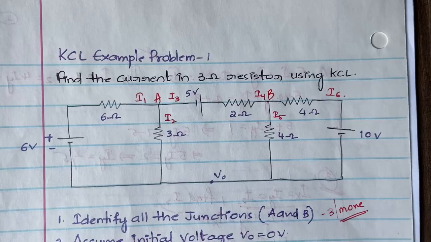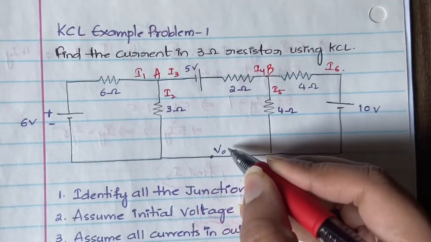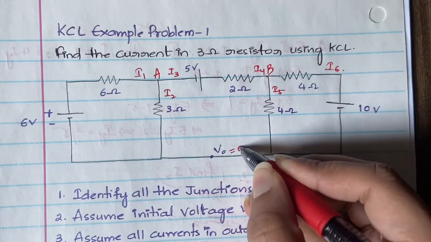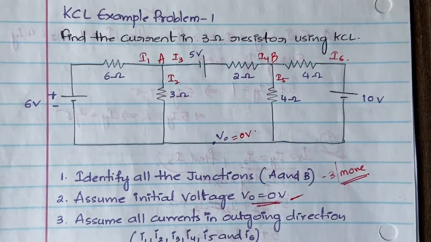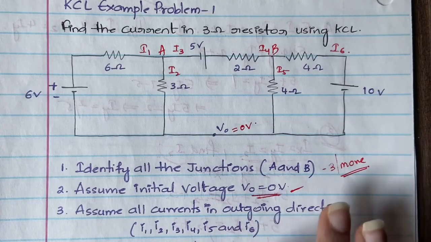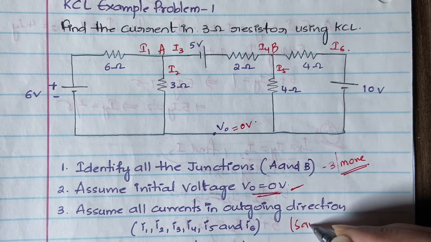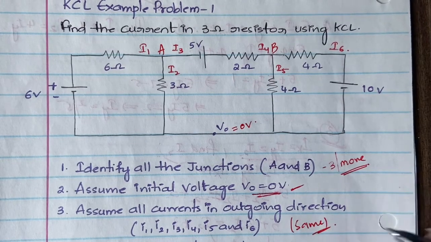Now we have to assume the initial voltage V0 is equal to 0 volts. And assume all the unknown currents in the outgoing direction. As I told, it is always better to assume all the unknown currents in the same direction, whether incoming or outgoing.